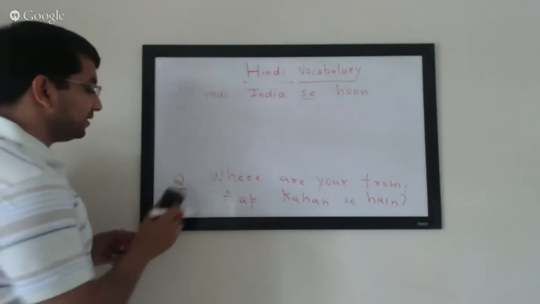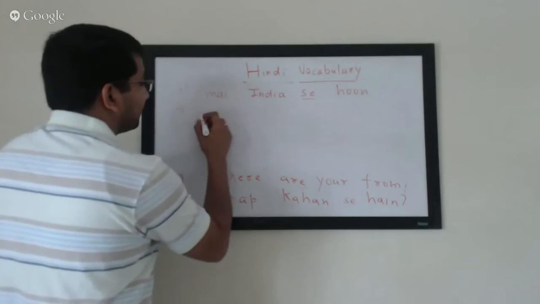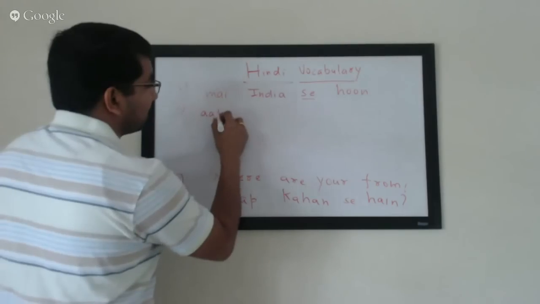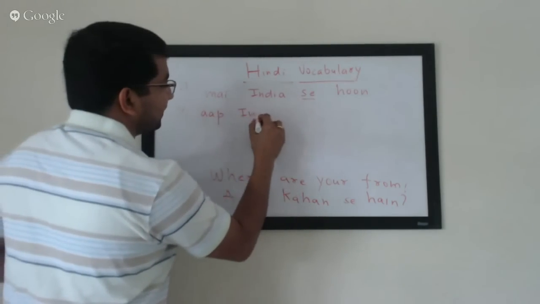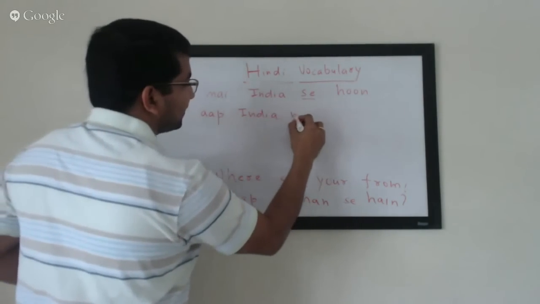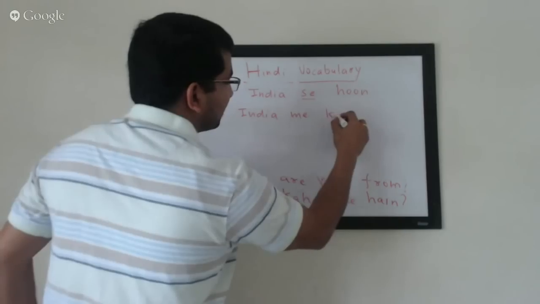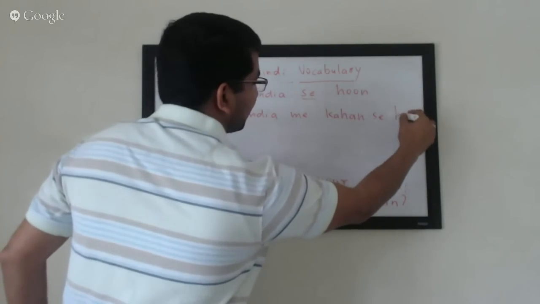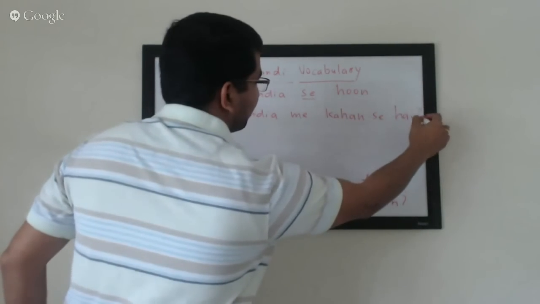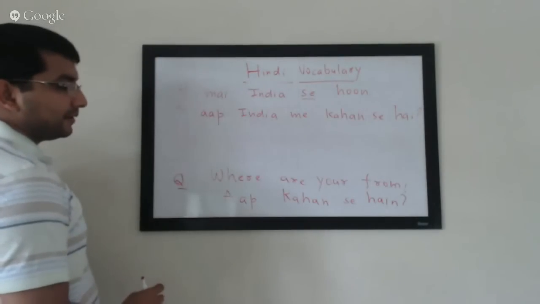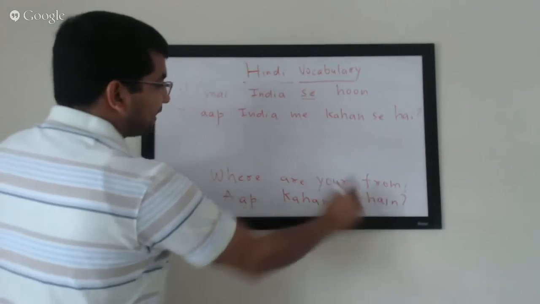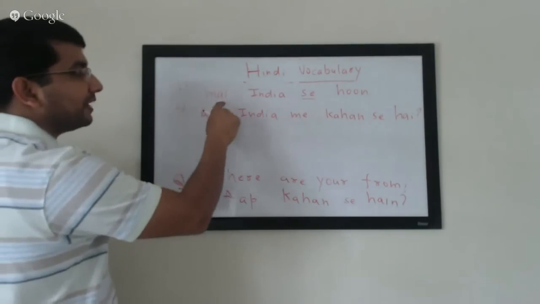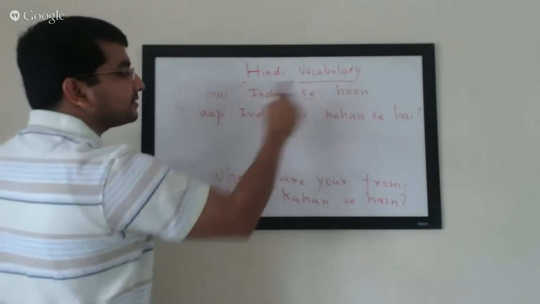Subsequent question would be आप इंडिया में कहाँ से हैं? The first one was आप कहाँ से हैं, which you responded to as मैं इंडिया से हूँ or मैं ब्राजील से हूँ.